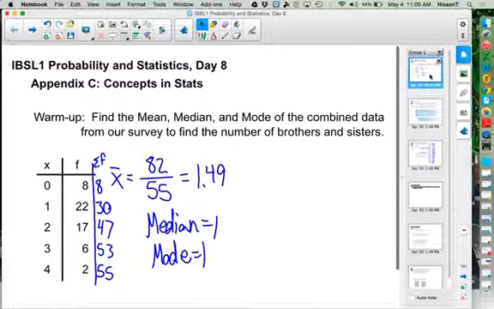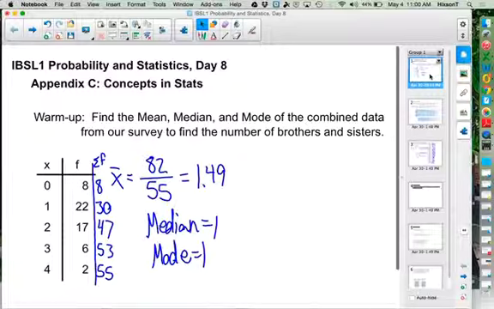Isn't it the amount of children and then how many? So what would we have to do? You have to list them out, right? You'd have to list all of them out.